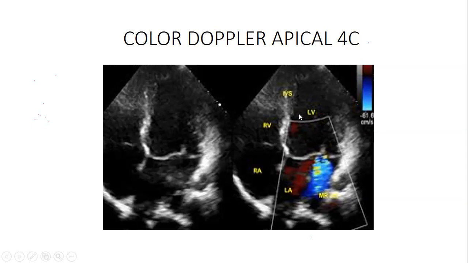But remember, the blood moves from the left atrium going to the left ventricle. Now, when the mitral valve is closed, it simply means the left ventricle or the cardiac is in systole. It's contracting. There you should agree with me.